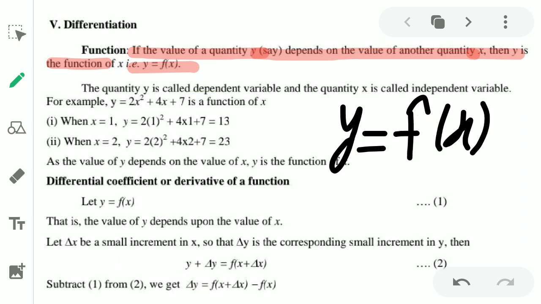It means y depends upon x. So if there is any change in x, a change in y also occurs. So y is the dependent variable which depends upon x, but x is independent, which cannot depend upon any other property.